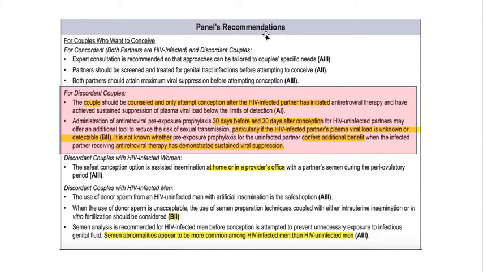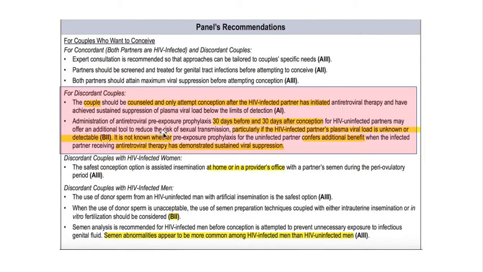What's also interesting is that couples who are discordant with HIV, who want to conceive, can receive HIV therapy to try and conceive a child who has very low risk of HIV and without infecting the other partner.